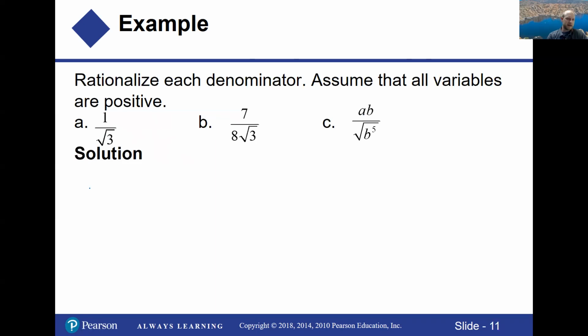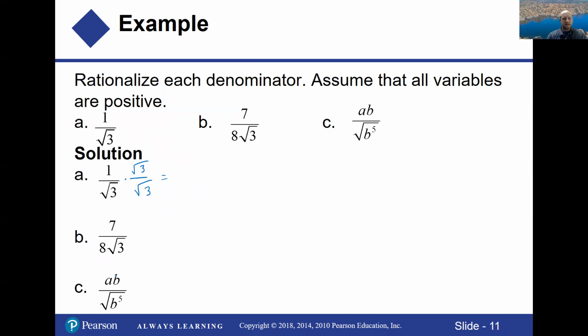So how do I get rid of that root? What we do is we multiply top and bottom by this radical. So I multiply this by the square root of 3 over the square root of 3, and that's how we rationalize it.